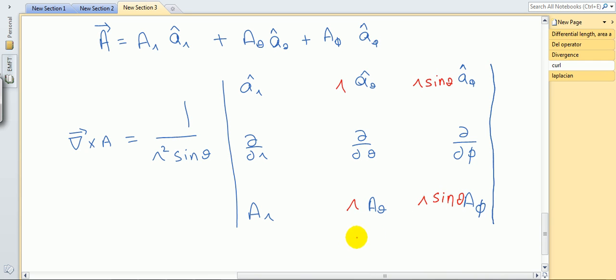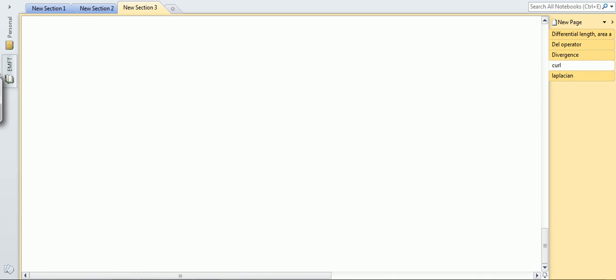This is the complete formula for the curl of a vector in spherical coordinate system. Now what does the curl actually mean?